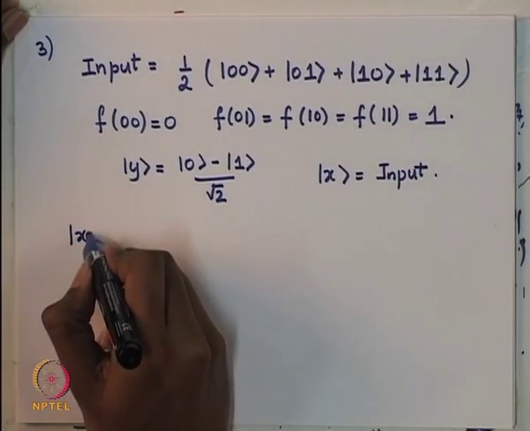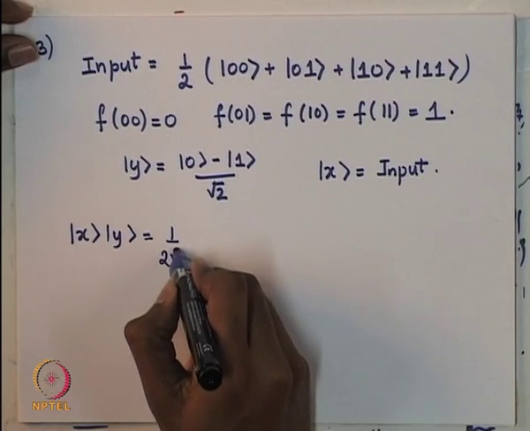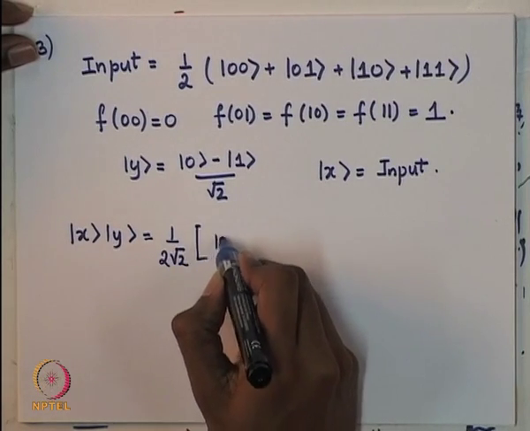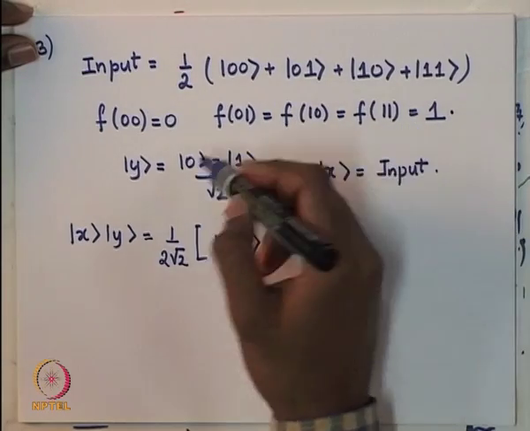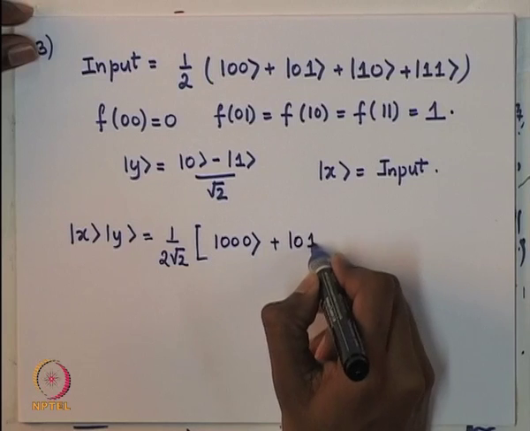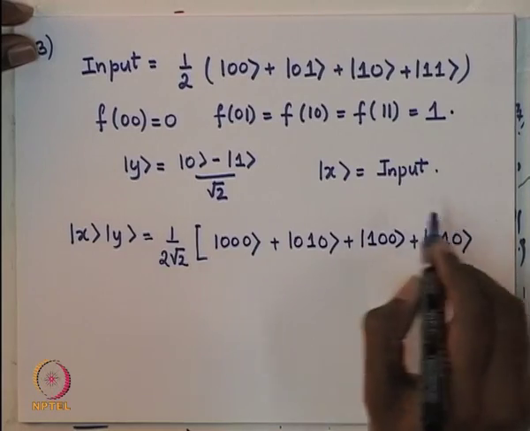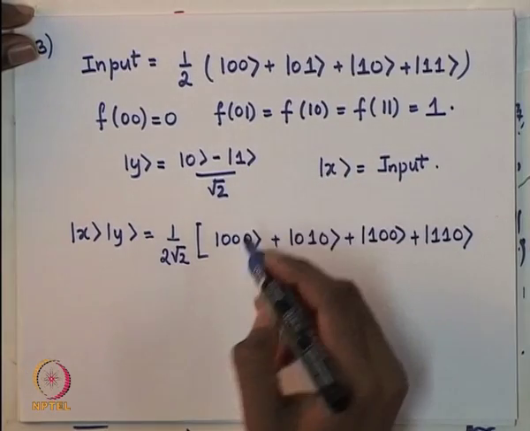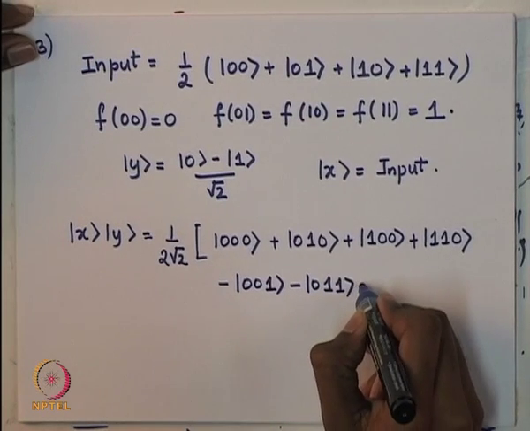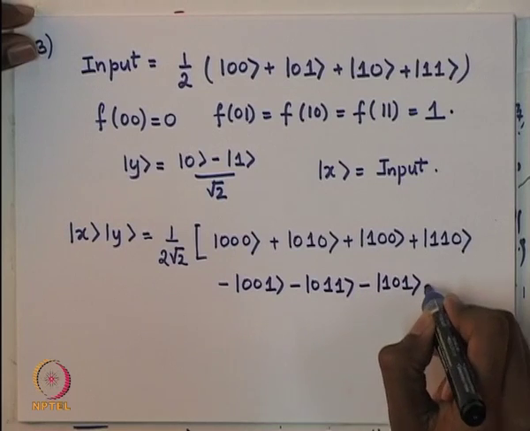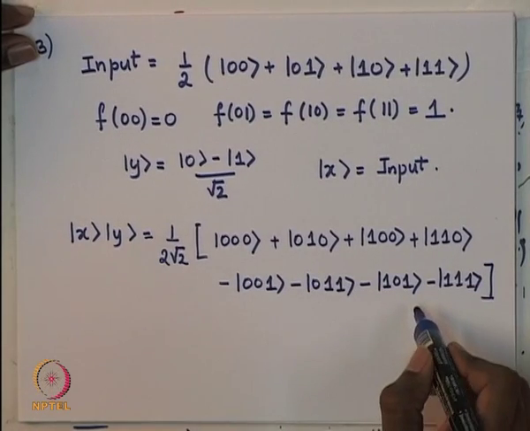So the actual input to the oracle is this qubit multiplied with this qubit, and similarly every other qubit multiplied with the first qubit would be, and now every qubit multiplied with the second qubit would be, so this is our input to the oracle.